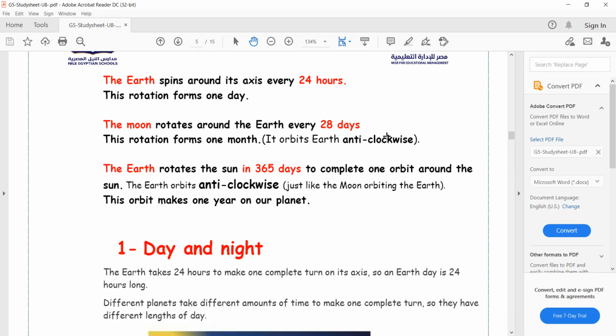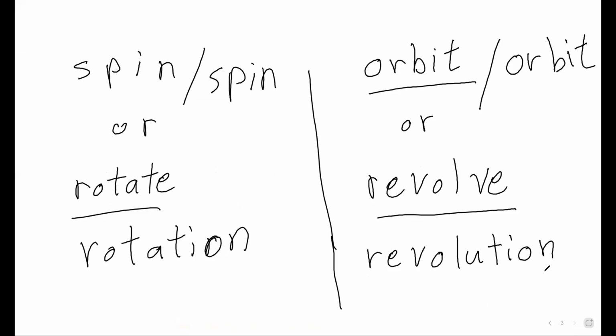Okay, the moon orbits the Earth anti-clockwise. What's the meaning of anti-clockwise? Let's take a look at the whiteboard. For example, this is the Earth, and this is the moon. Of course, the sun is larger than the Earth, and the Earth is larger than the moon. Anti-clockwise means it moves not like the watch.